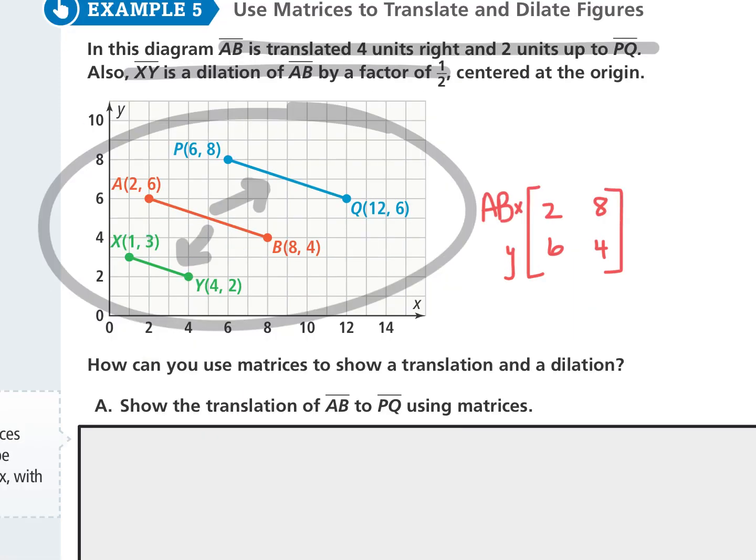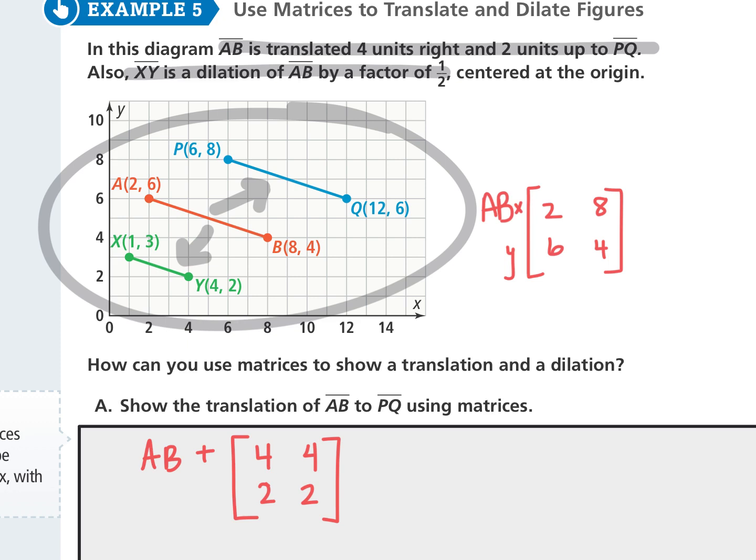And to represent the translation, I'm going to do AB plus. This says I'm moving 4 to the right and 2 up. So if I'm moving 4 to the right, that means my X needs to be adding 4 both times. And so I'm going to write 4 in 2 places because I'm adding it to all those values of X. And the Y moving up 2 will add a 2 to the Y values. So this is that translation.